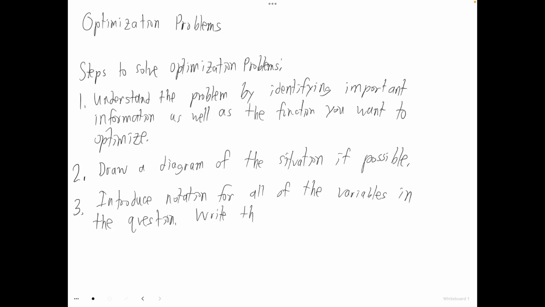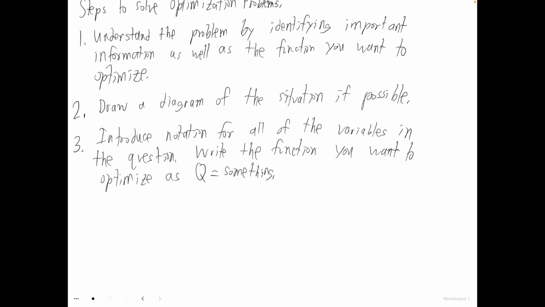Write the function you want to optimize as Q equals something. And so we're just going to give a name of Q to the thing we're going to optimize so that we can refer to it later.